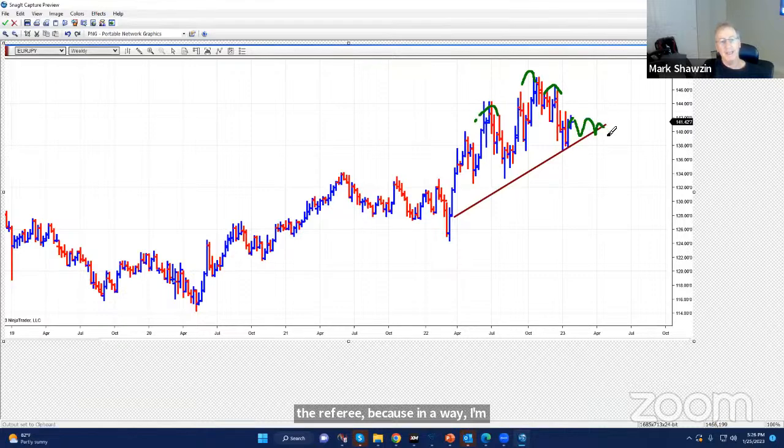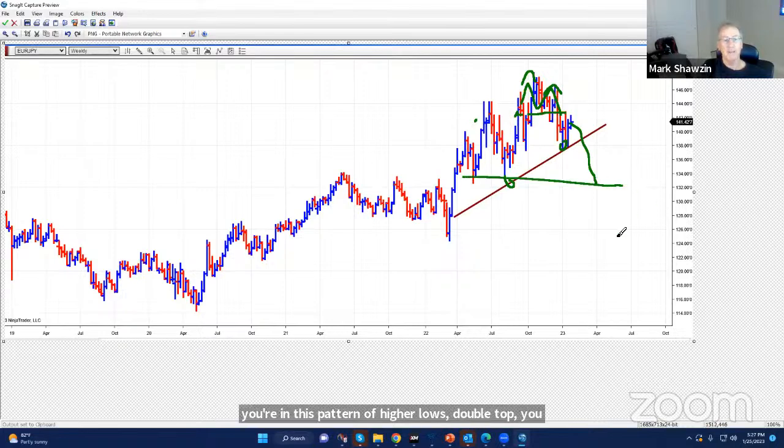Then if that's the case, you're going to need to create some kind of symmetry here and wait for this shoulder to build. But this is, again, where you see these traps. This looks like a double top, and it kind of is. But you're in this pattern of higher lows. A double top should come down, and you should have it look like this. And so that is the trap.